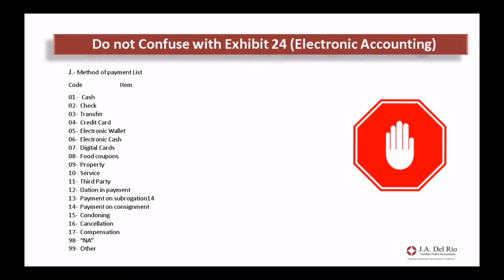The authorities will not understand that using code 98 is for NA in regards with an electronic invoicing. If we want to use NA, we have to stick with using the expression NA, not applicable, or something similar to that. So this is something that taxpayers have been confused. So please always look at Exhibit 20 when making a tax invoice.